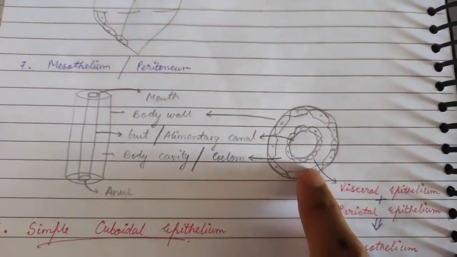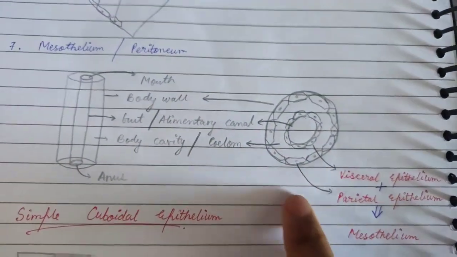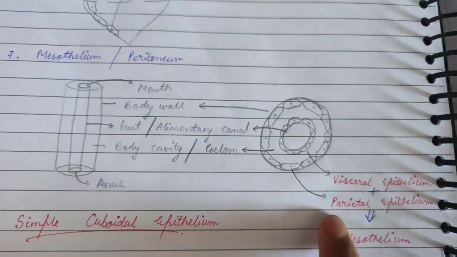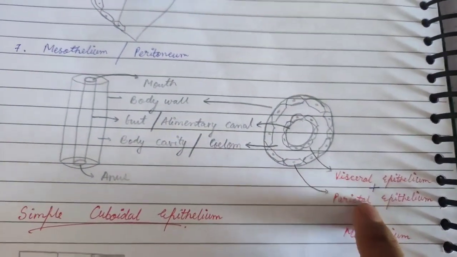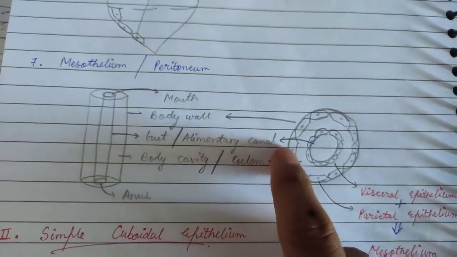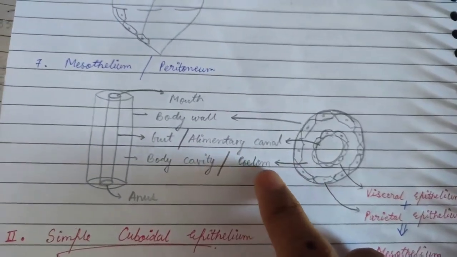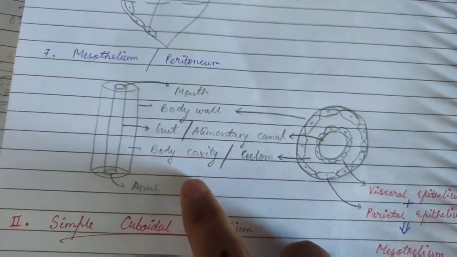This inner layer is formed by the visceral epithelium and this outer one is formed by the parietal epithelium. Both together are known as mesothelium. This empty space is filled with coelomic fluid and is also called the body cavity.